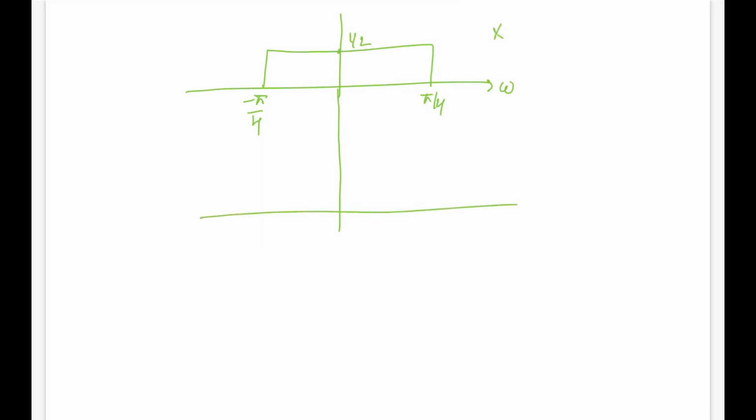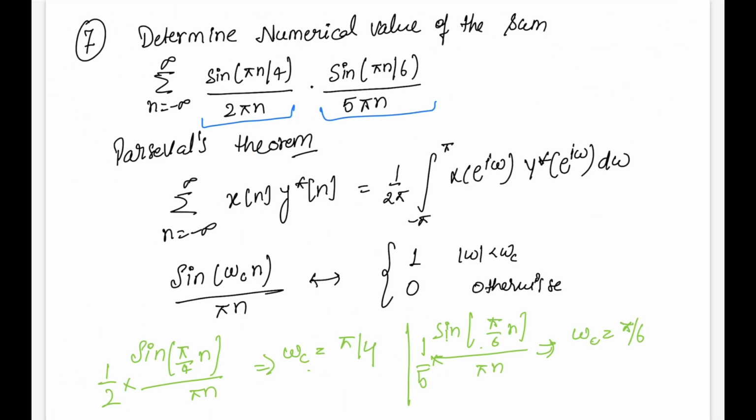Let's name x[n] as this and y[n] as this, and as this is a real sequence, y*[n], the complex conjugate of y[n], is basically the same as y[n]. So this is x[n], this is y[n].